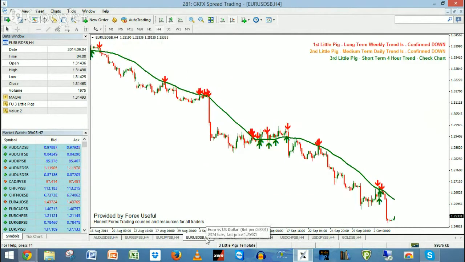Onto Euro USD. Really great rewards here in August and in September, and once again we're back involved down here. NFP, as you know, when I'm trading the Three Pigs, I generally just ignore the news and let it do what it does, and accept that 50% of the time it's going to work for me, 50% against.